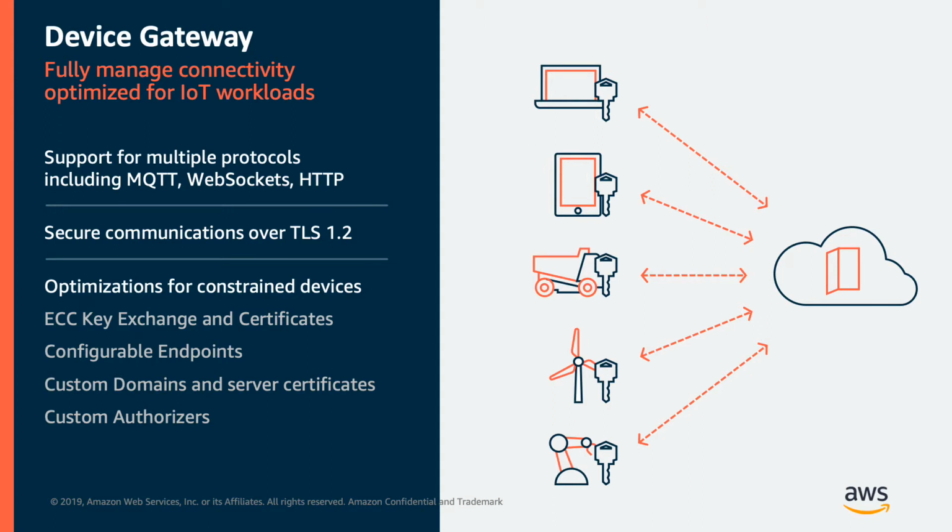A device gateway, we said, is responsible for maintaining the sessions and subscriptions for all connected devices in an IoT solution at scale. It securely connects devices to the AWS cloud. It enables secure, long-lived connections for what we call bidirectional communication over MQTT, WebSockets, and HTTP, with secure communications over TLS 1.2 for mutual authentication.